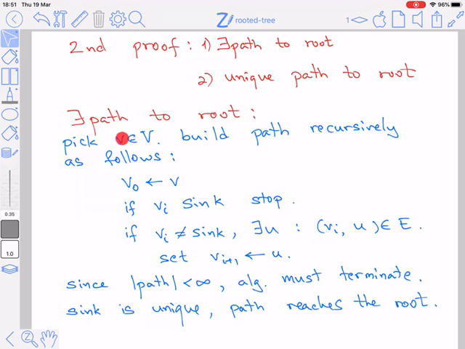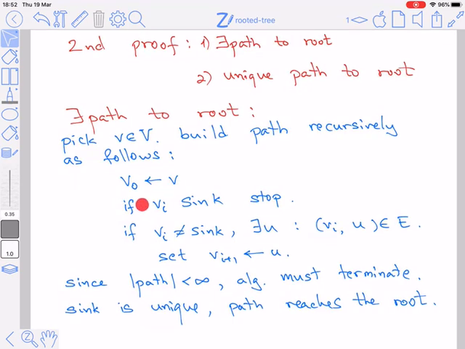Pick an arbitrary vertex V, and we build the path to the root recursively as follows. Define V0 simply to be V, and now we have the stopping condition. If we reach the node Vi that is a sink, then we stop, and the reduction step.